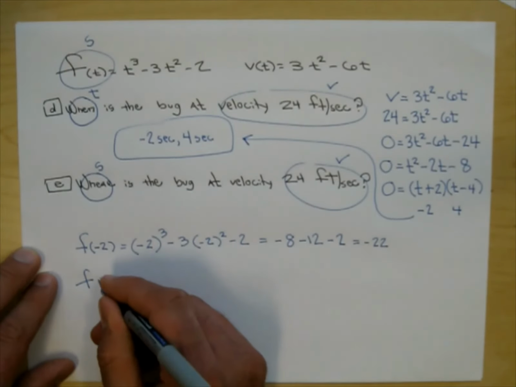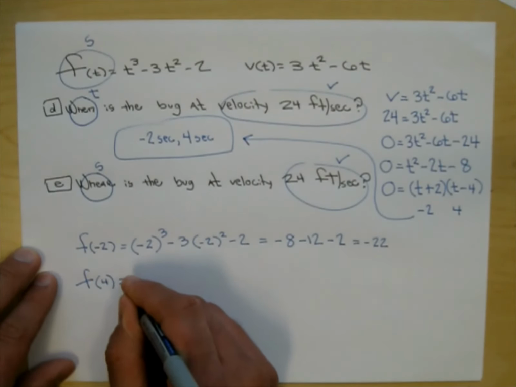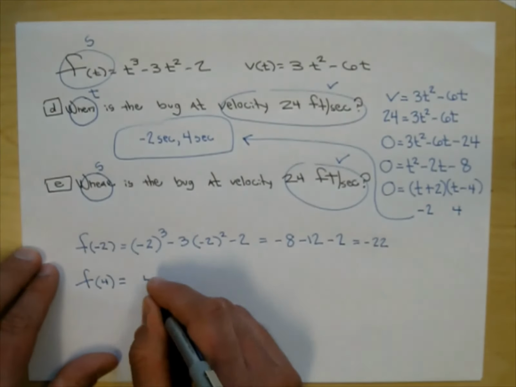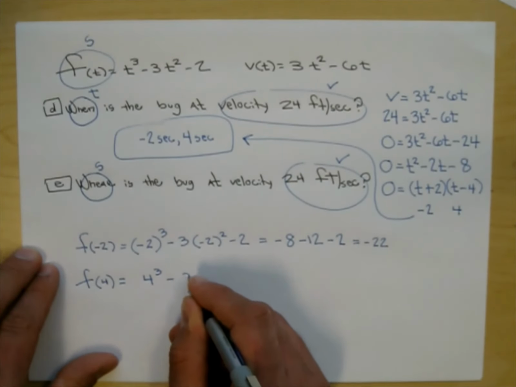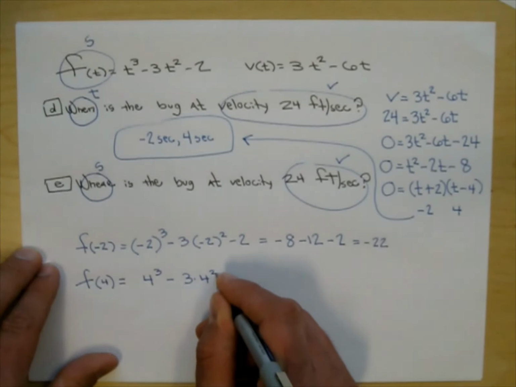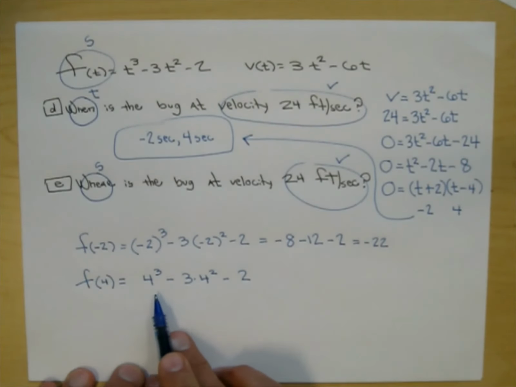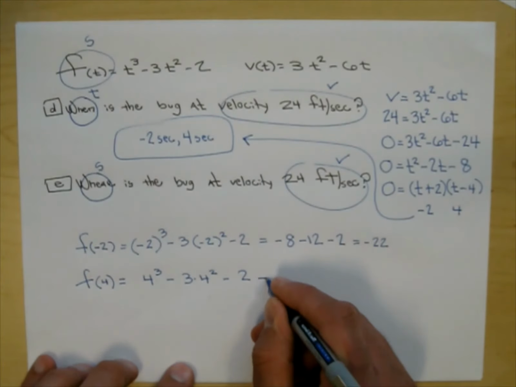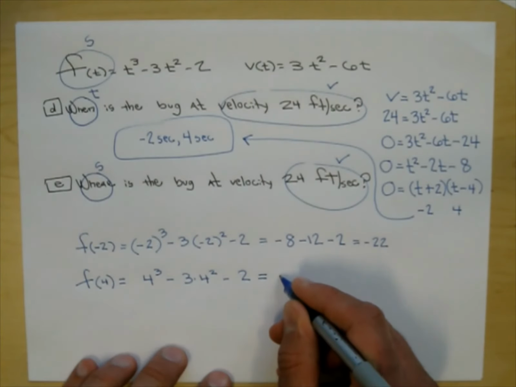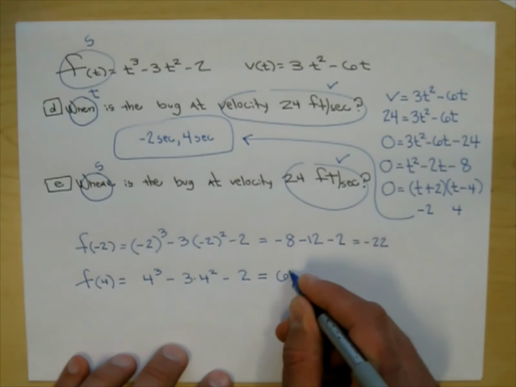F of 4. So I put 4 into this function. 4 cubed minus 3 times 4 squared minus 2. I didn't put parentheses around because it was just a positive 4, so I can deal with that. We have 4 times 4 times 4. So 4 times 4 is 16 times 4 is 64.